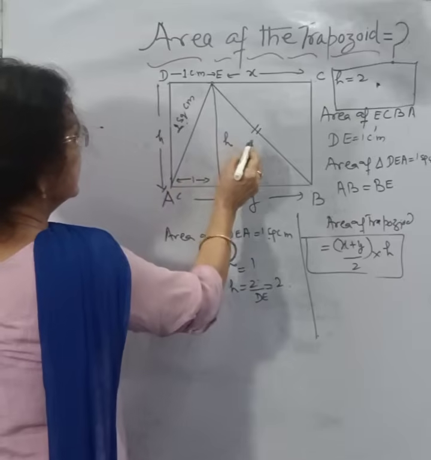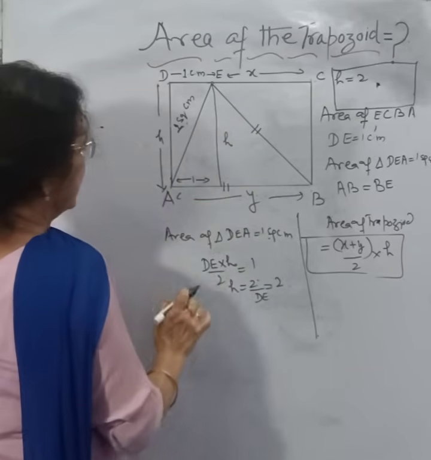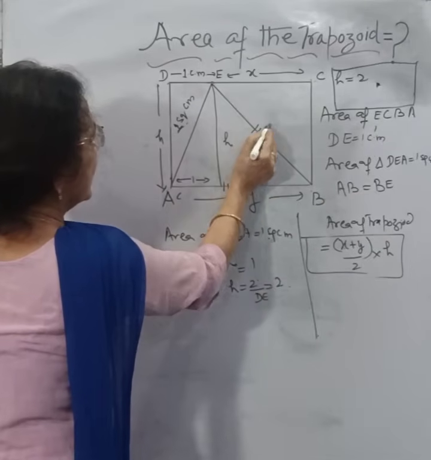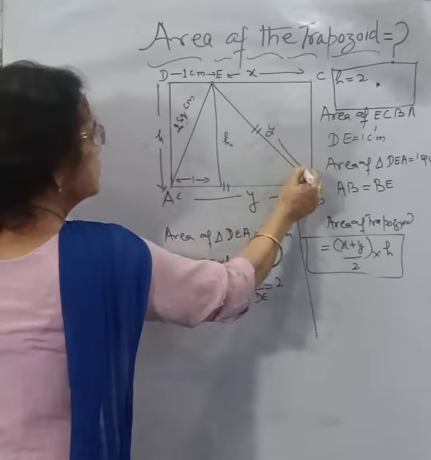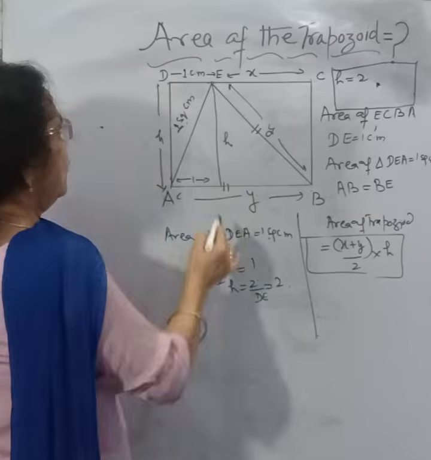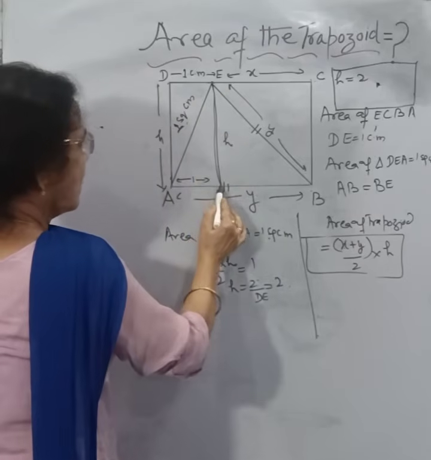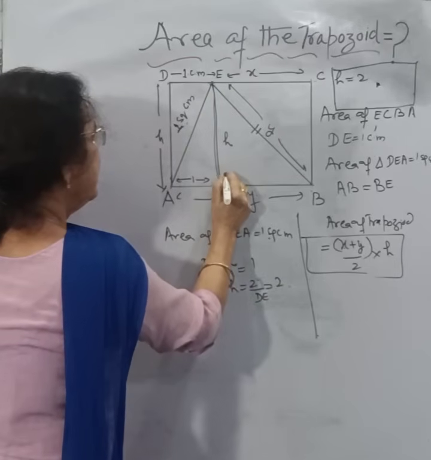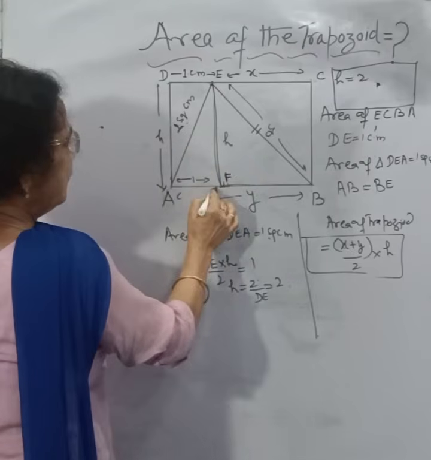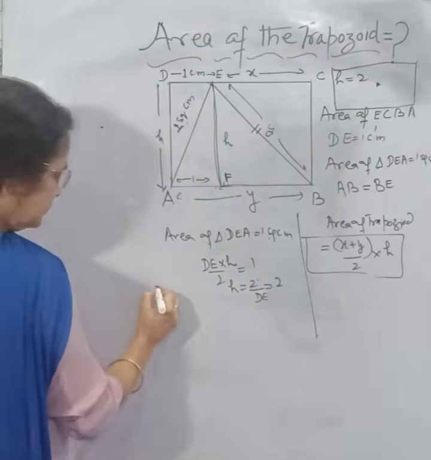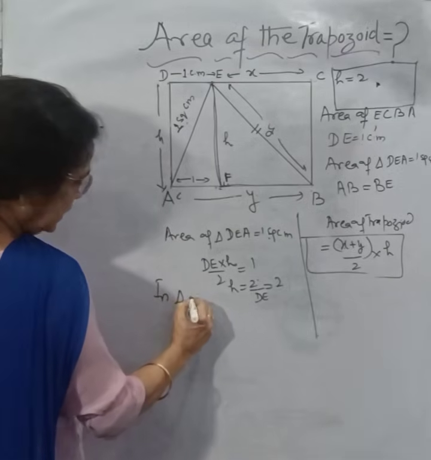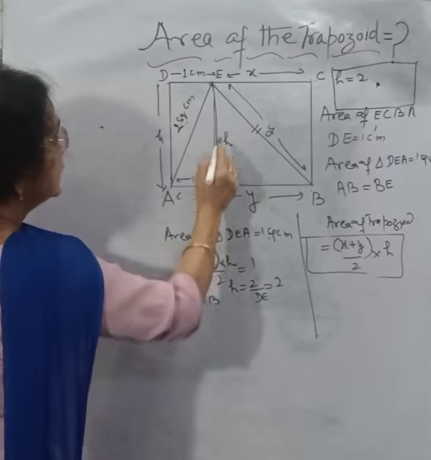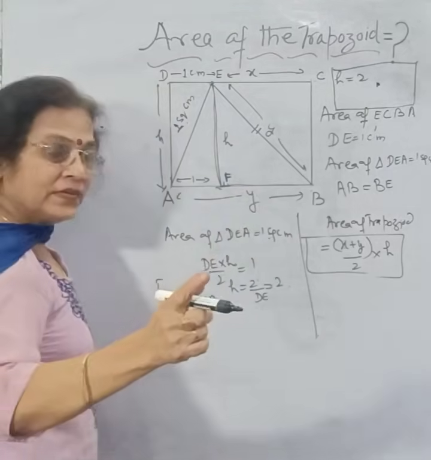X and Y are to be found. We are given that AB is equal to BE. It is Y. It means this is also Y. Correct? This distance is also Y. Now we take this triangle. Let us suppose this point is F. इसको हमने F मान लिया। तो in triangle EFB, we can apply the Pythagoras.